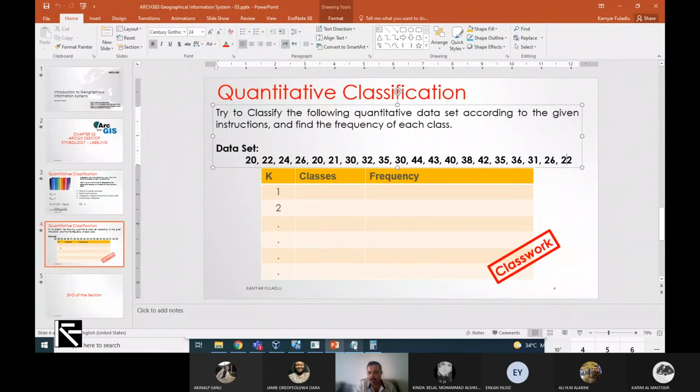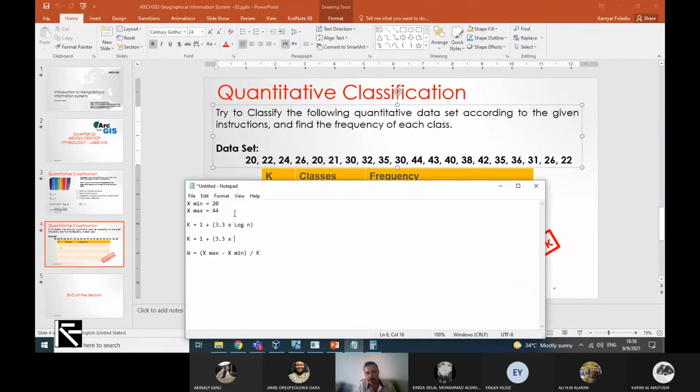So we have 20 members. Let's also mention here that n means members, and right now it is equal to 20 members.